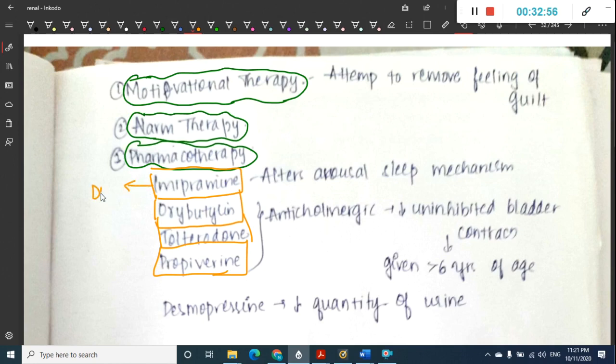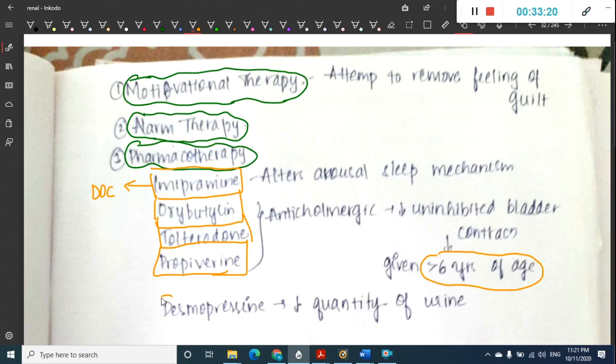Imipramine is the drug of choice, and it alters the arousal sleep mechanism, whereas oxybutynin, tolterodine, and propiverine are anticholinergics and decrease uninhibited bladder contraction, and these are given only after 6 years of age. Only then should you give these drugs.